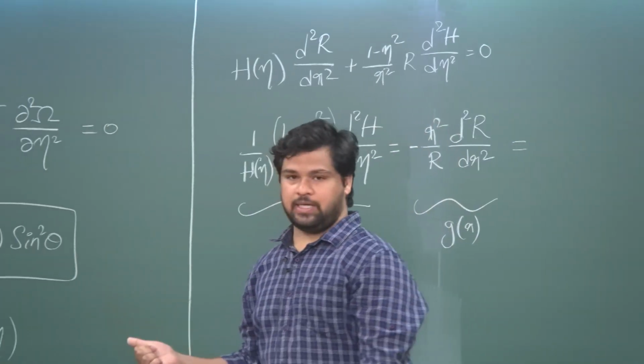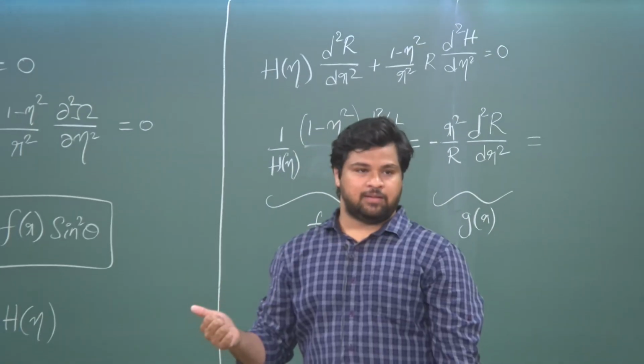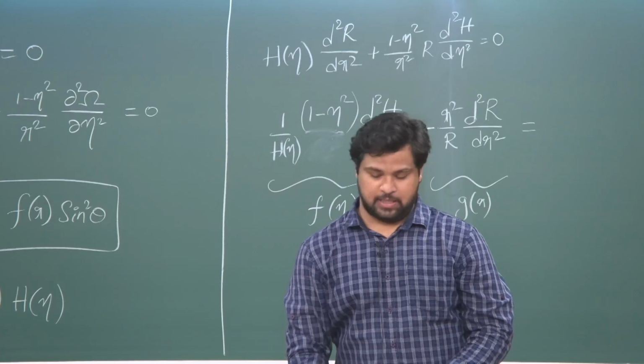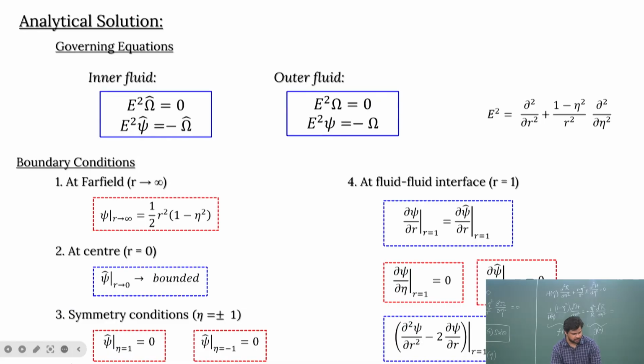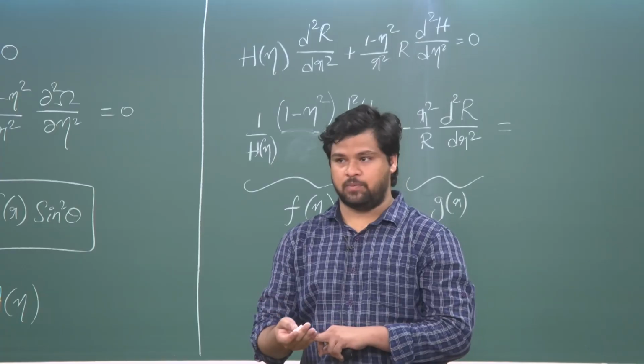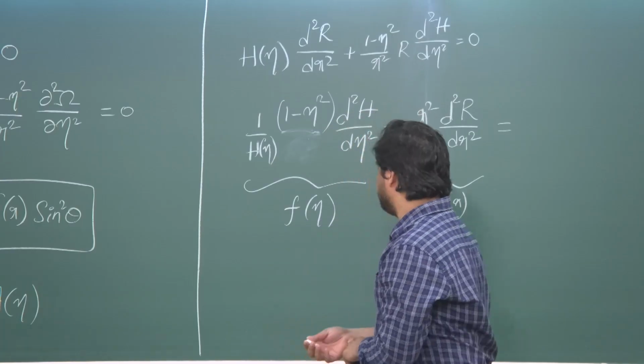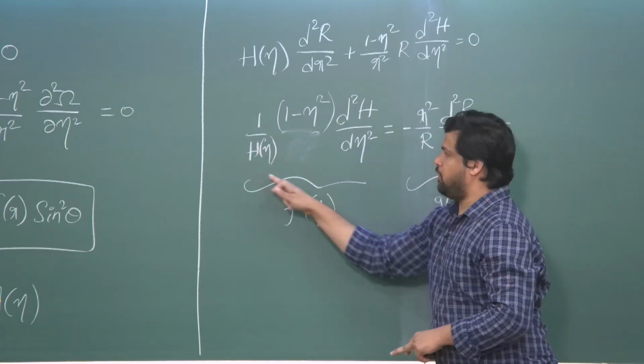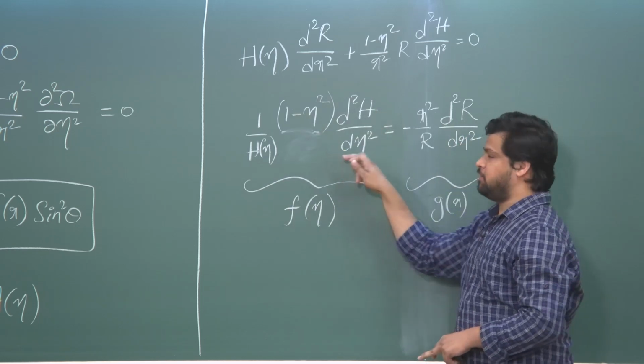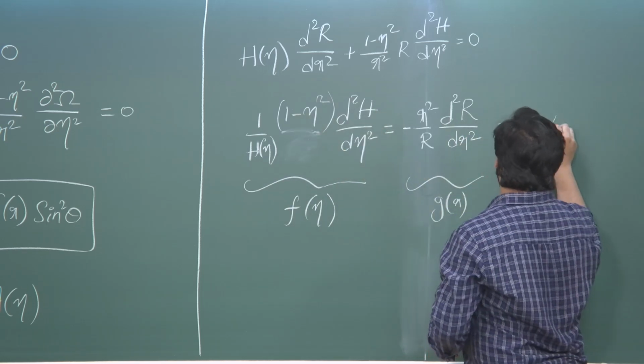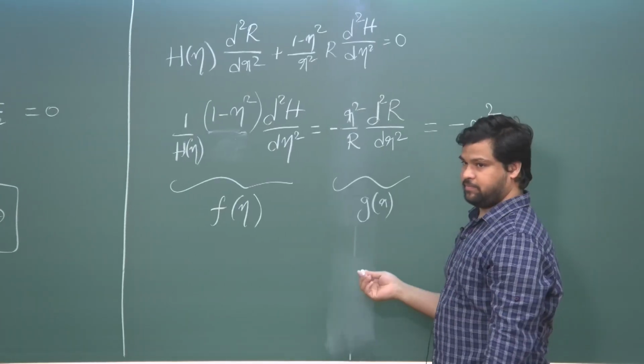If you see the eta boundary conditions, you have homogeneous conditions. So we have to take our eigenvalue in the direction of homogeneous boundary conditions, that is, in the direction of eta. So here I am taking minus alpha square.